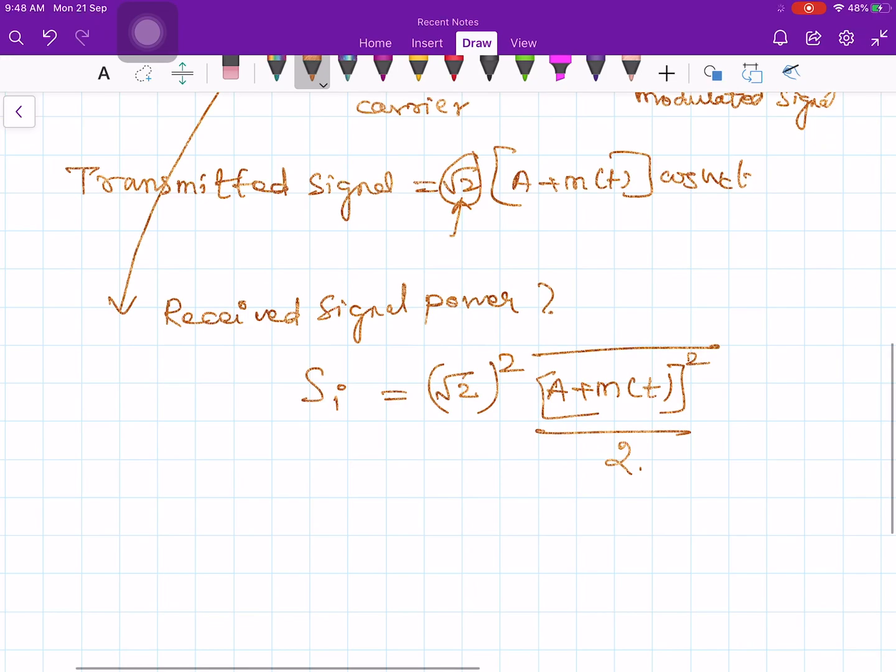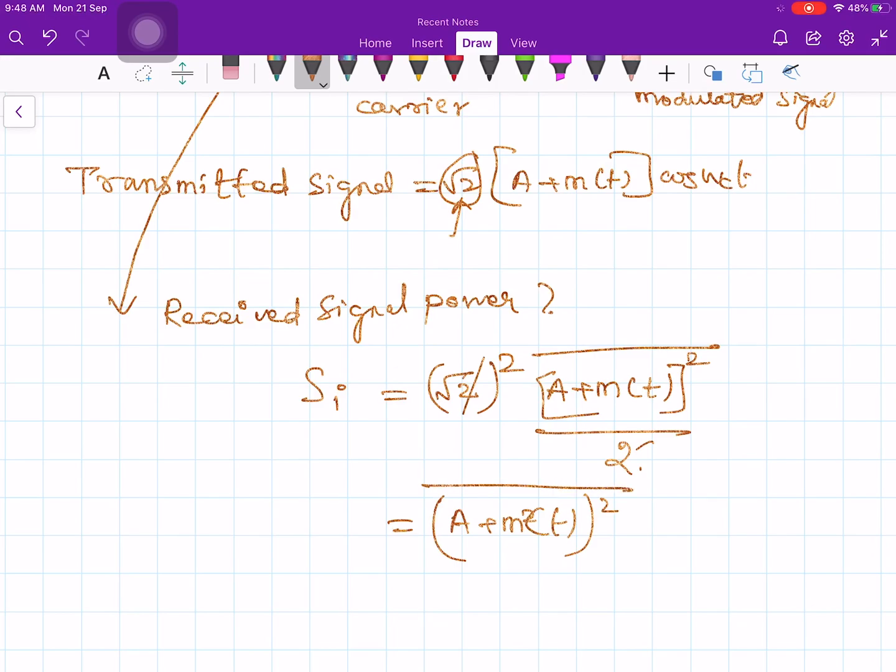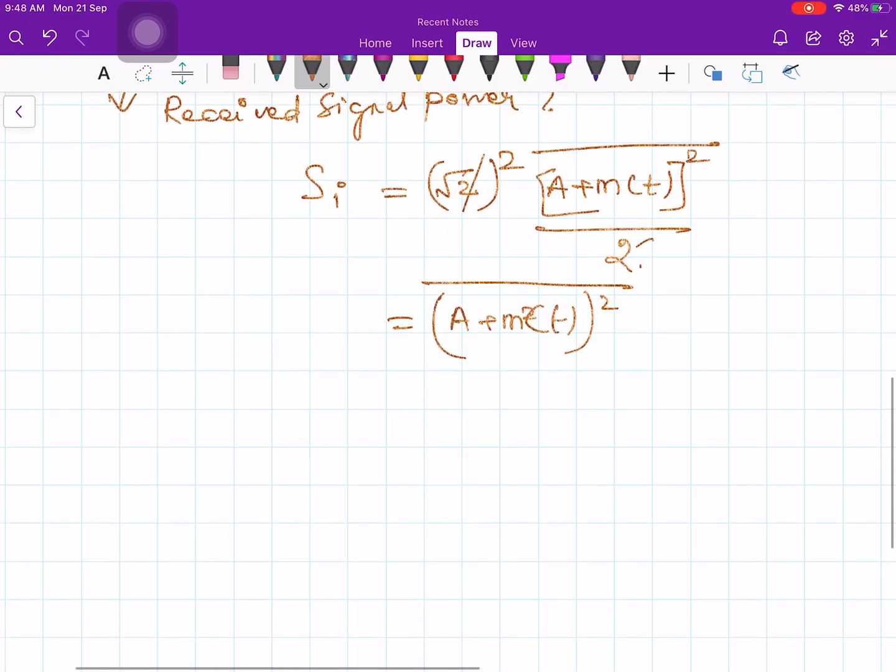So this is root 2 square becomes 2, 2 and 2 will get cancelled. So it is the expectation of (A plus m of t) whole squared. If you expand this, this is equal to A squared plus m squared bar plus 2 times A times m of t.